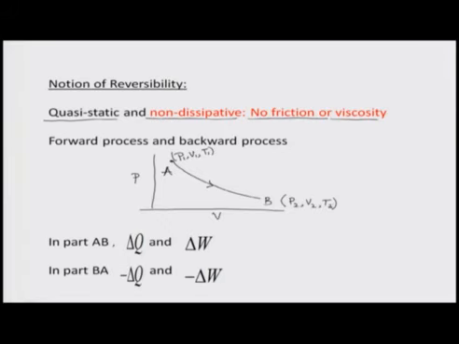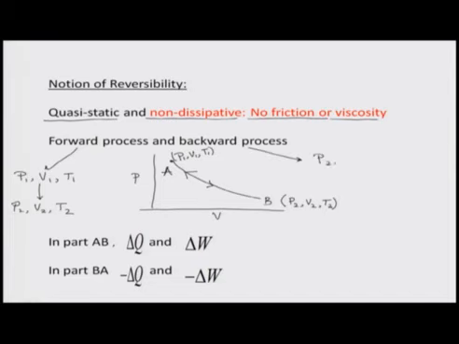Now, if I revert the direction of the arrow, what does it mean? I mean that I am going from P2, V2, T2 to P1, V1, T1. So, forward process means I am going from P1, V1, T1 to P2, V2, T2, whereas backward process implies the reverse.